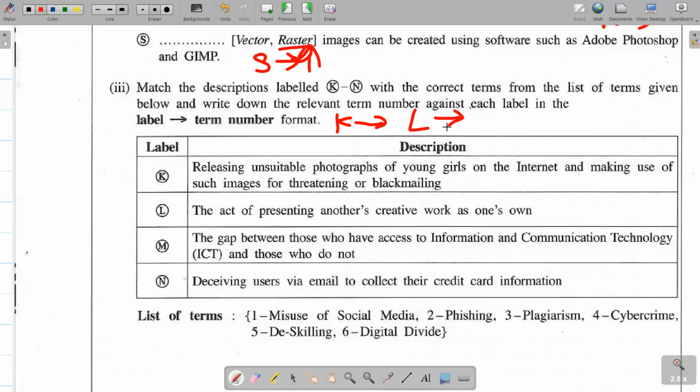L, the act of presenting another's creative work as one's own, which we call plagiarism. So 3. With M, the gap between those who have access to information and communication technology and those who do not, digital divide, 6.